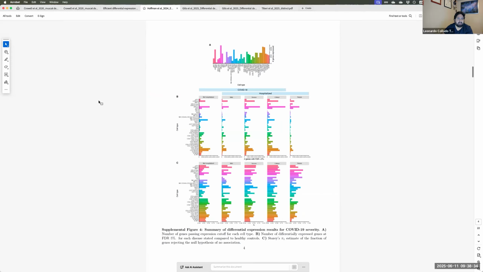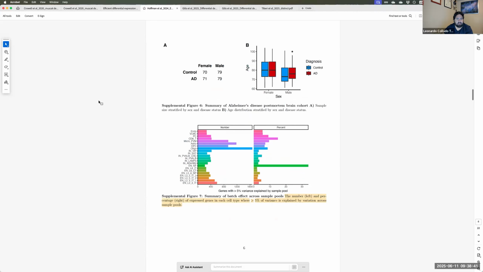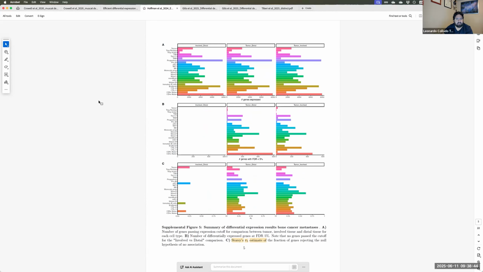And then they compare against the muscat methods, and they show that in those scenarios with batches, Dreamlet is going to perform better.